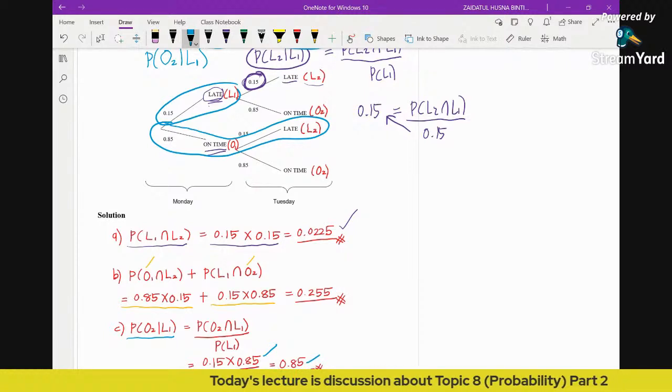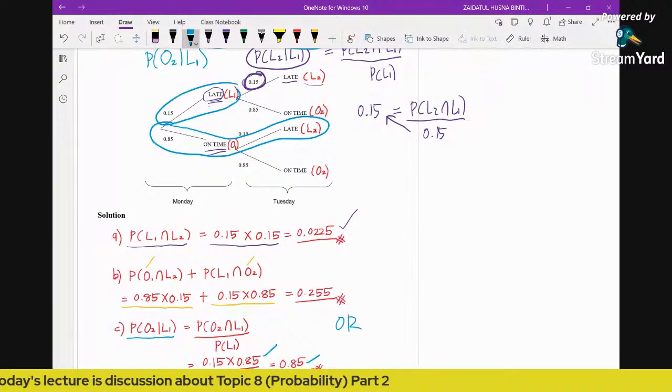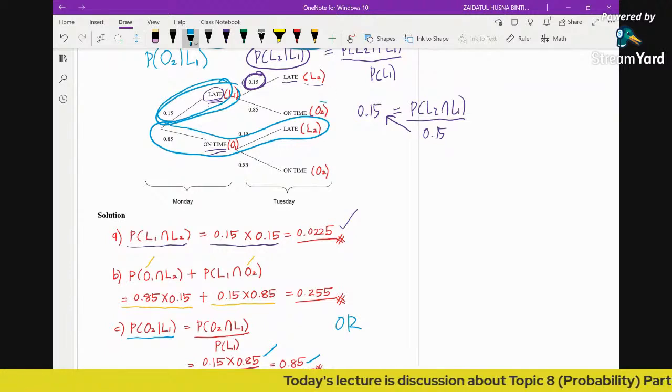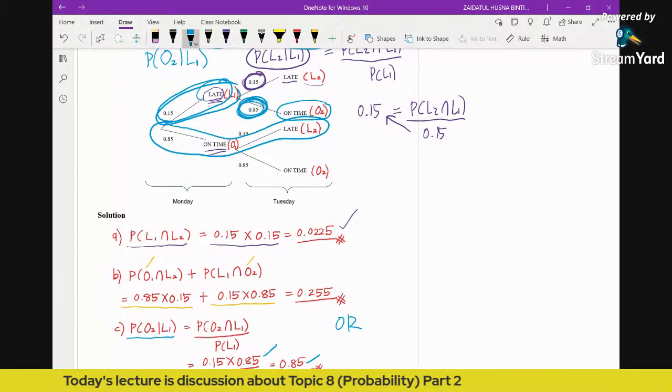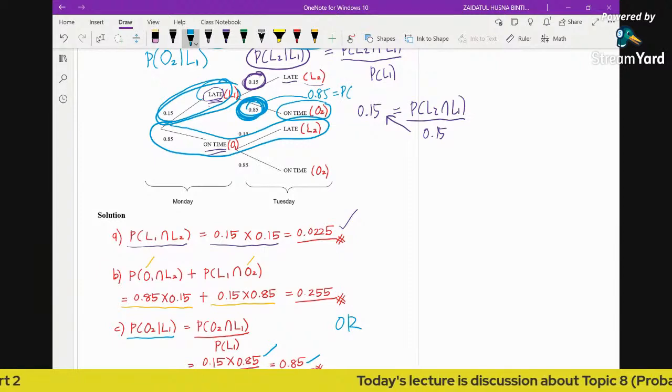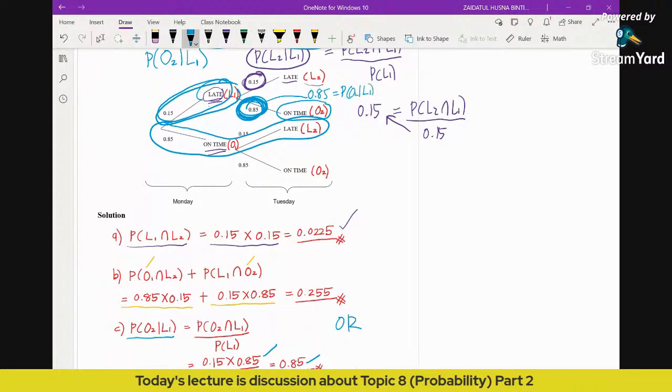Alternatively, we can get the value directly from the tree diagram. Given that she was late on Monday, what is the probability that she is on time on Tuesday? This is basically the answer, 0.85. Given that she is late on Monday, this is the probability that she is on time on this day.